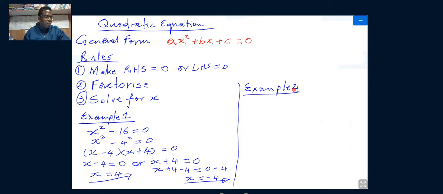Example number 2 is where we are required to take out a common factor. So we're having x squared minus 4x equal to 0.